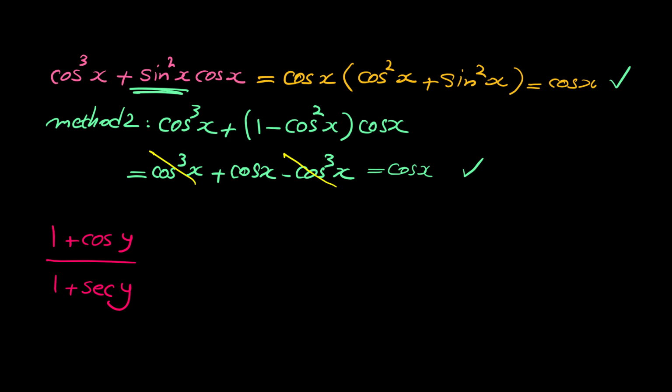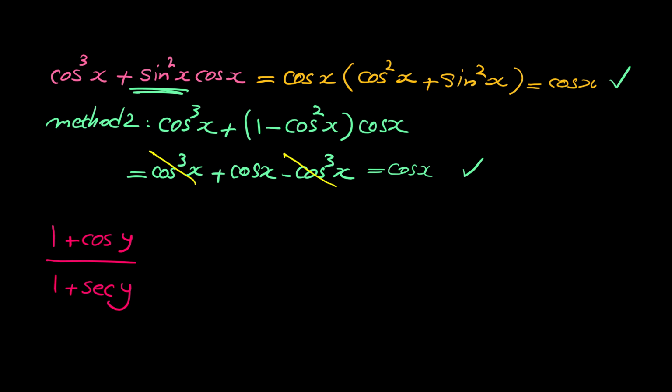1 plus cosine y over 1 plus secant y. In the numerator we have a basic trigonometric expression, cosine, but in the denominator we have secant. Usually when we have secant and cosecant, we prefer to replace them with the reciprocal identities. What was secant? Secant is 1 over cosine.